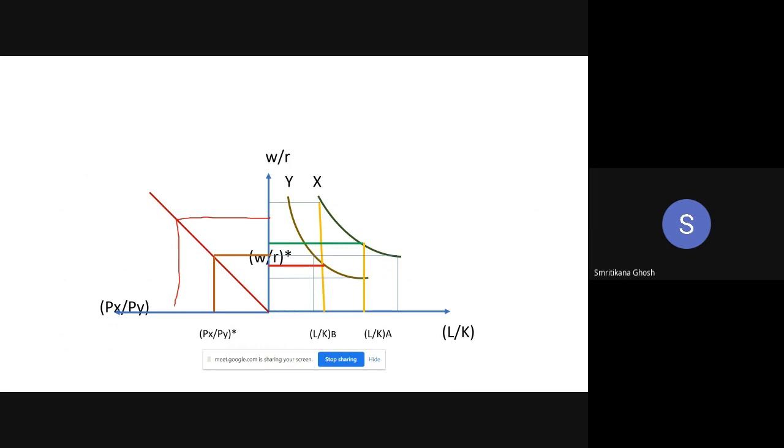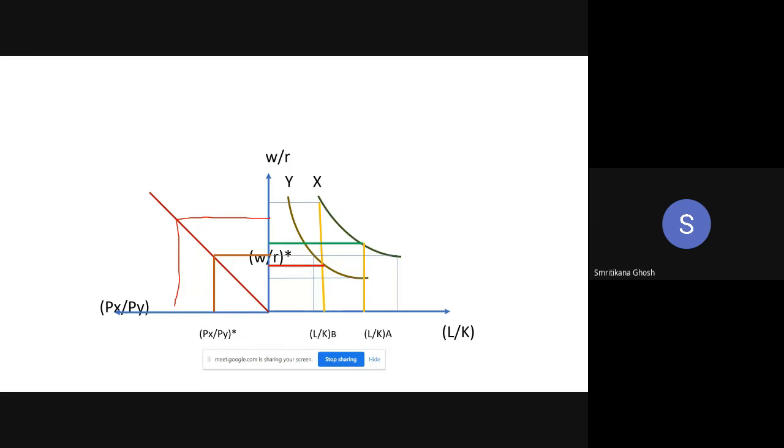But for each and every case, whatever be the case, complete specialization or incomplete specialization, one country, both countries, whatever it is, the HO model is true. What is the HO model? If you are labor abundant, you should produce labor intensive. If you are capital abundant, you should produce capital intensive, and you should export and produce more of that.